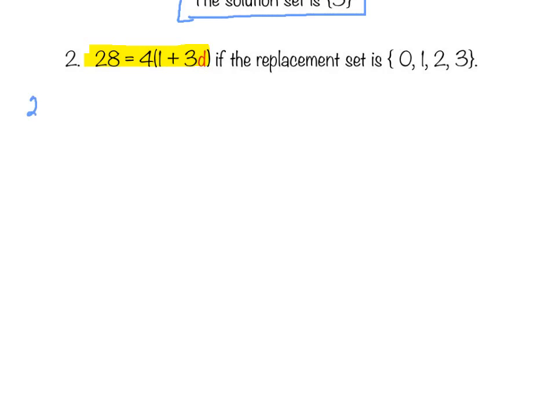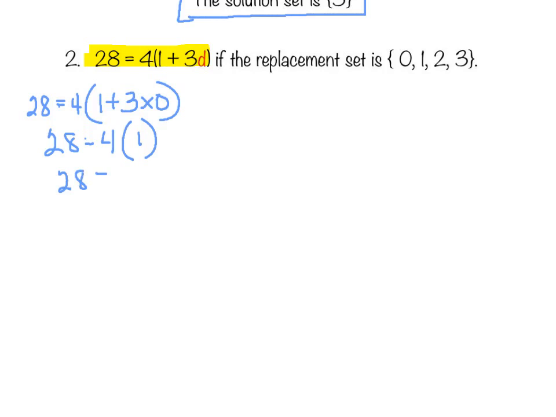So 28 equals 4 times 1 plus 3 times 0. 3 times 0 is 0, 1 plus 0 is 1. 28 equals 4. Does 28 equal 4? The answer is no. Therefore, 0 is not in our solution set.